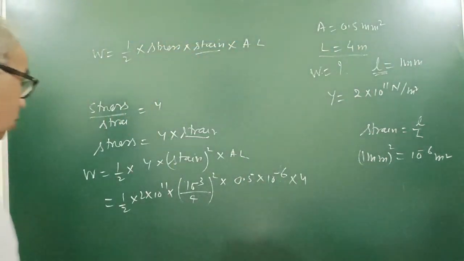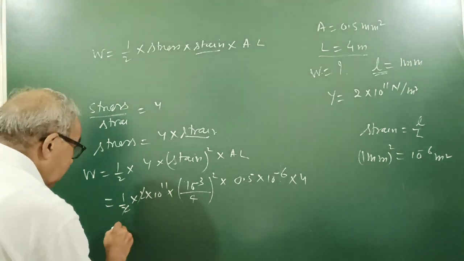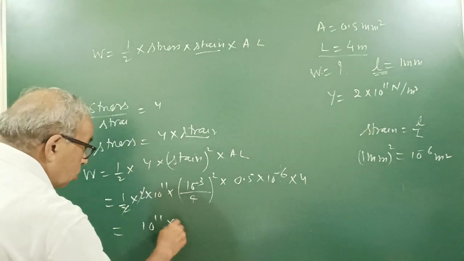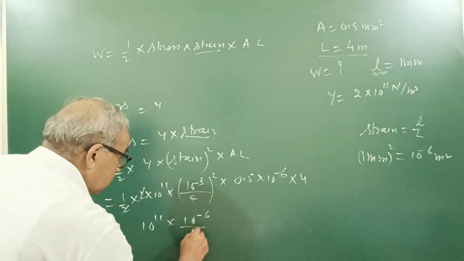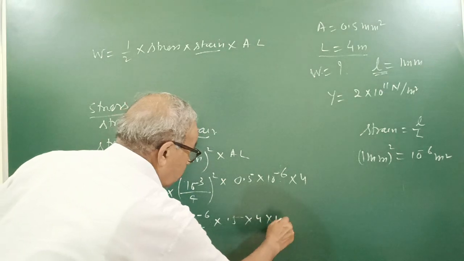You have to solve this very easily. It is 10 to the power 11 into 10 to the power minus 6 upon 16 into 0.5 into 4 into 10 to the power minus 6.